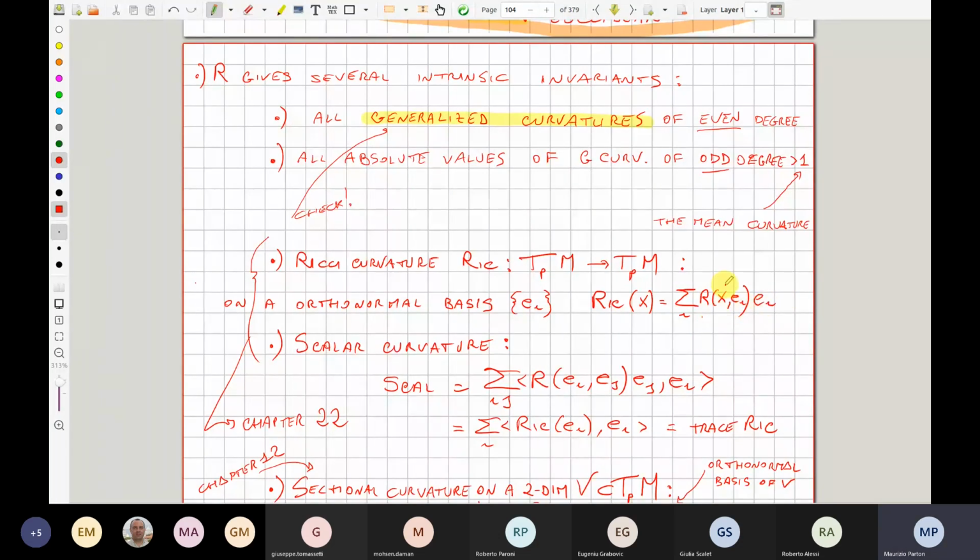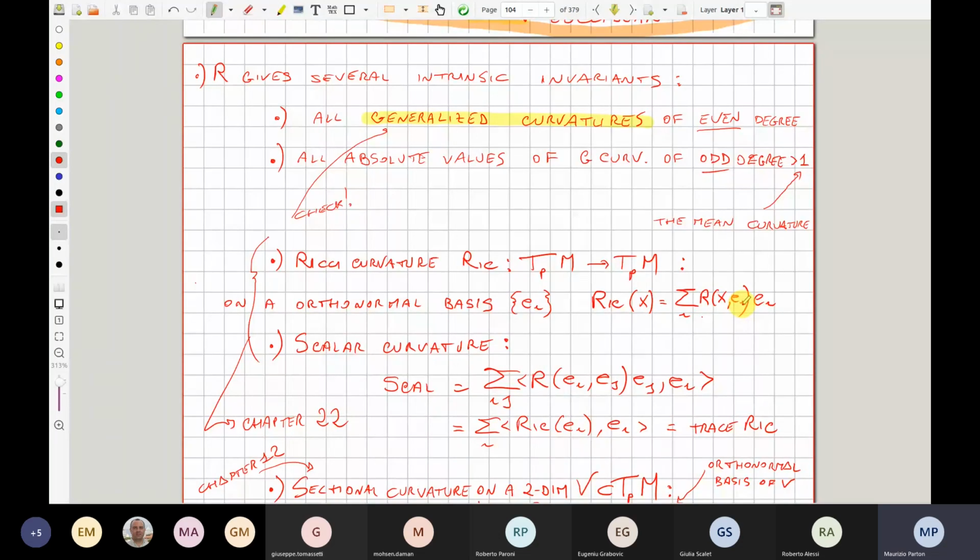So you leave free the first slot and the last slot, and so you are saturating some indexes, and you obtain a tensor of type 2. Okay, this is an orthonormal basis, so this is the best way to describe the Ricci curvature. This is in some sense the trace of the Riemann curvature.